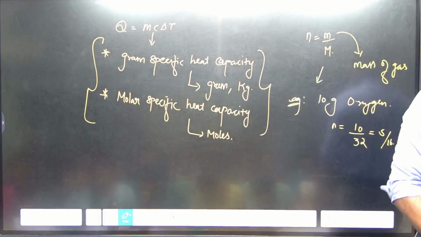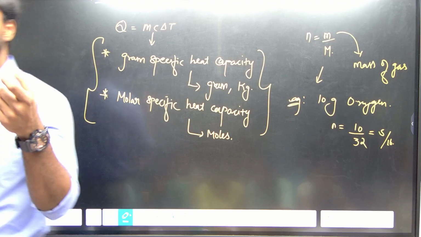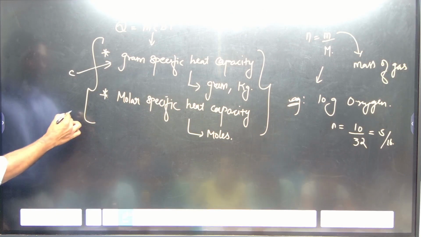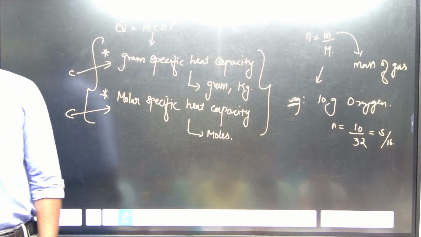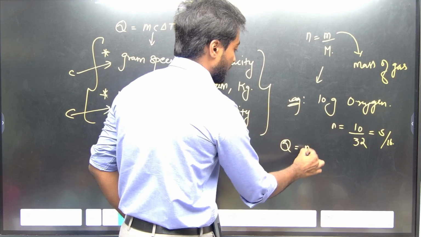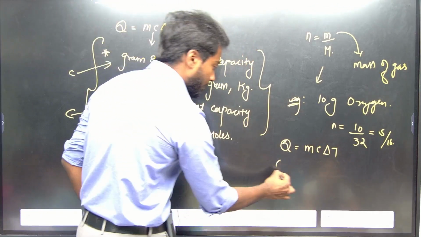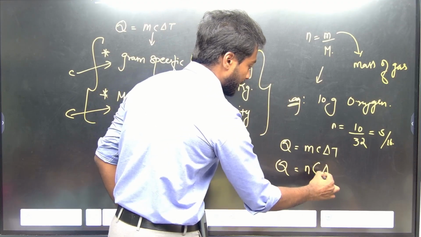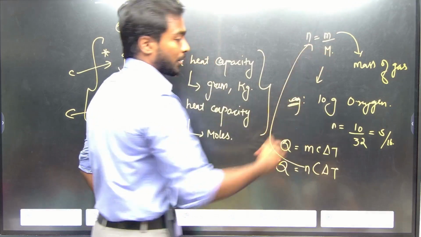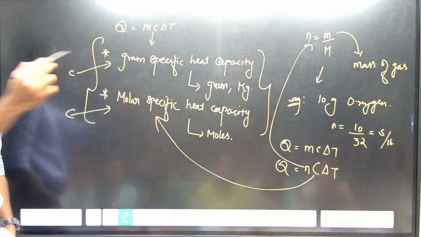If you notice small c or capital C in questions, small c is for the gram specific heat and capital C is for molar specific heat. Sometimes the formula will be Q is equal to mc delta T, sometimes Q is equal to nc delta T. Here n is the number of moles and capital C is the molar specific heat capacity.